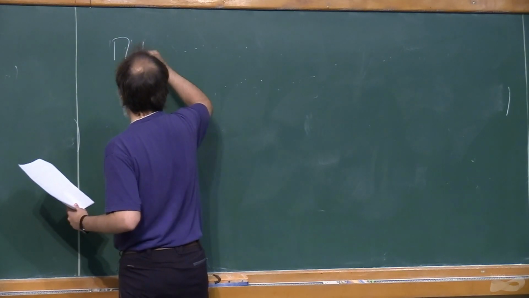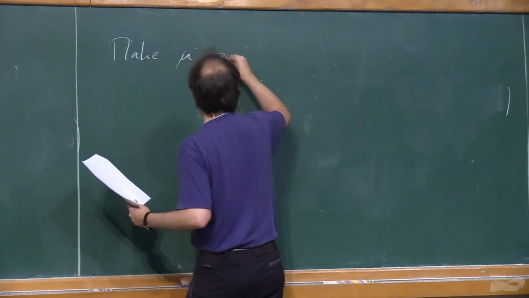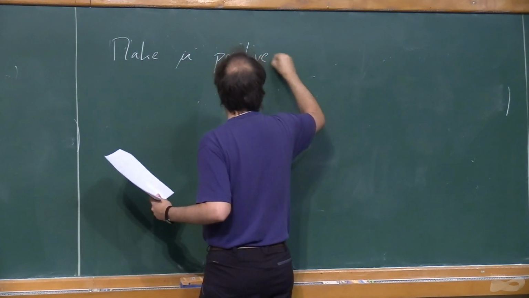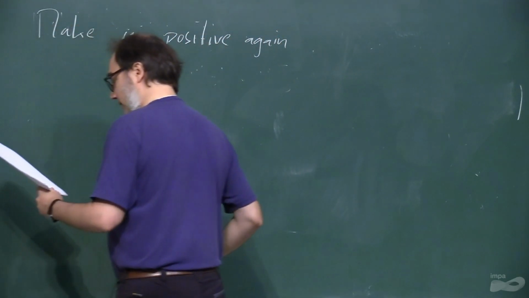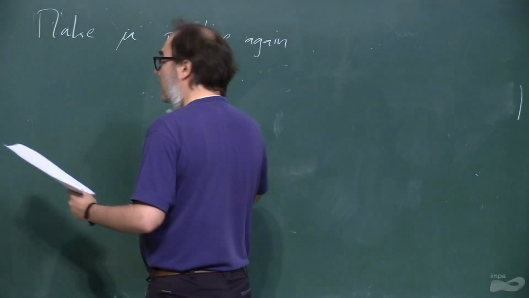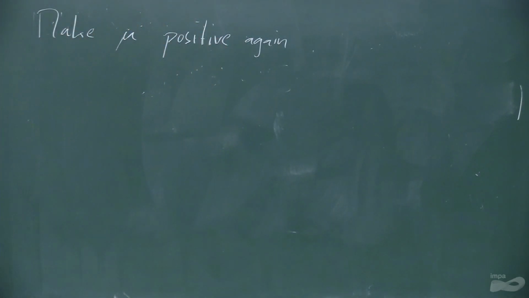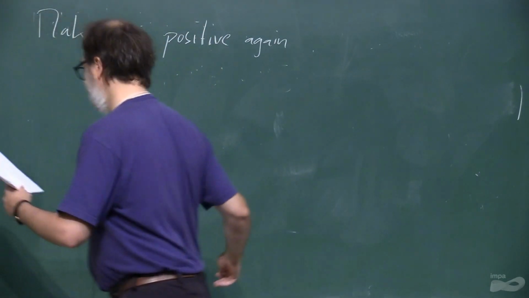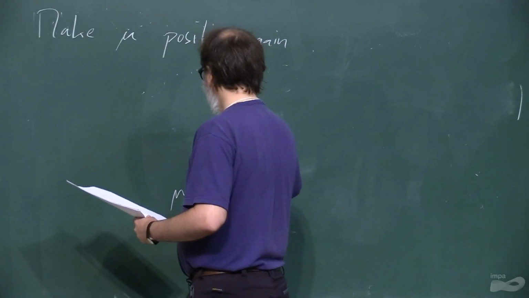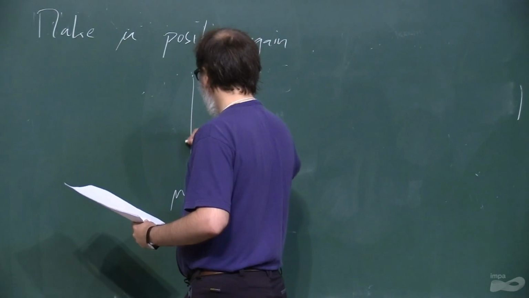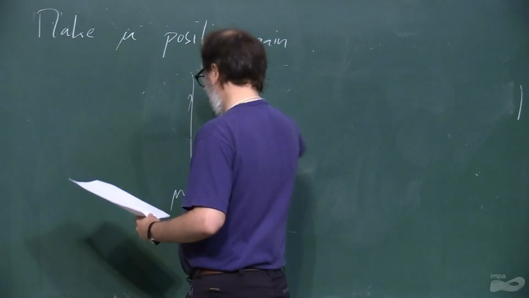So make mu positive again. In the interpretation as a periodic orbit, for mu equals 0 we have this orbit going back and forth.